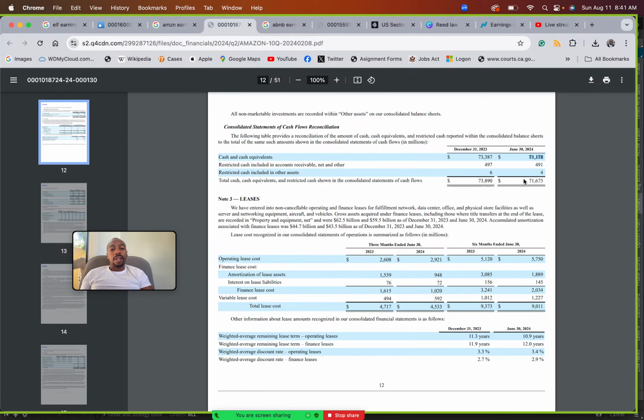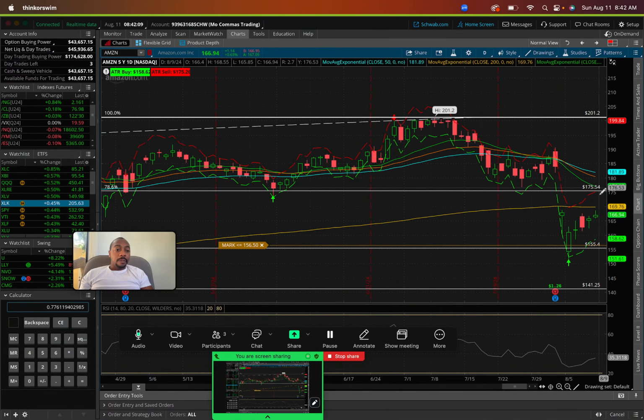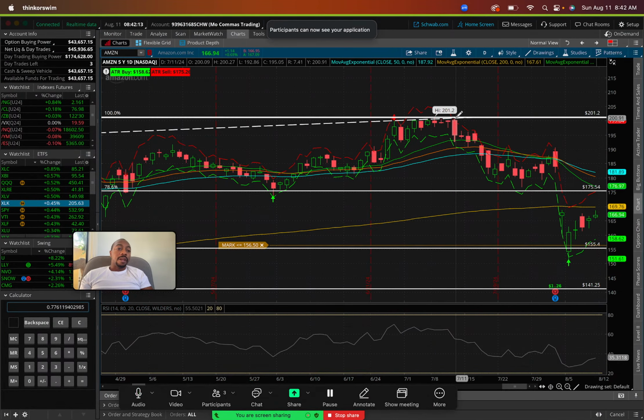Amazon historically doesn't like to do that because it wants to invest in its growth. But if they started passing out dividends to shareholders, the stock price is going to go up. So I like Amazon long term, and I like where the stock price is in comparison to what the earnings look like.